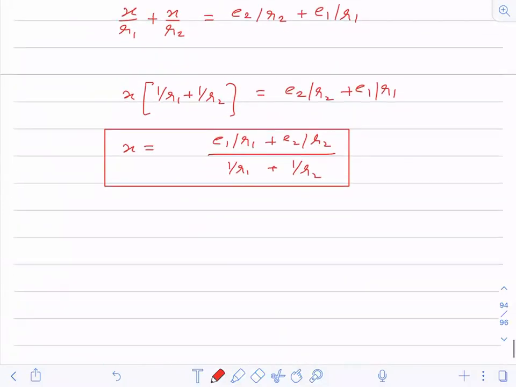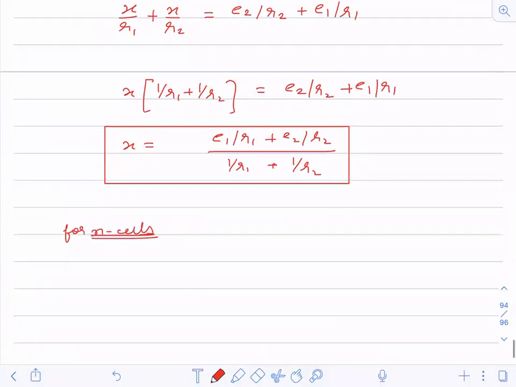Remember, for n cells, how will you solve? If I am generalizing it for n cells, it becomes the equivalent EMF.